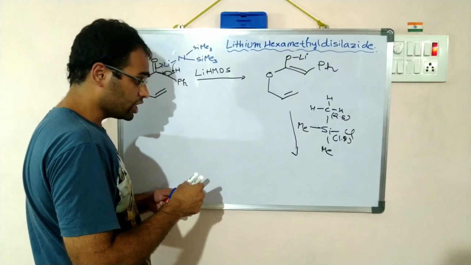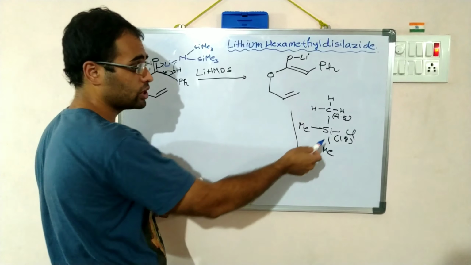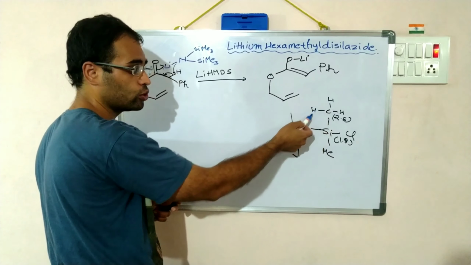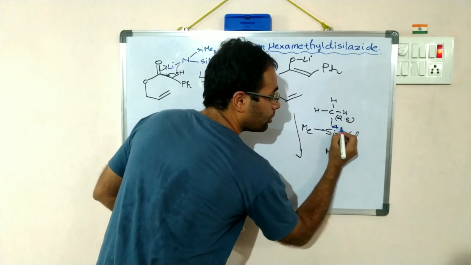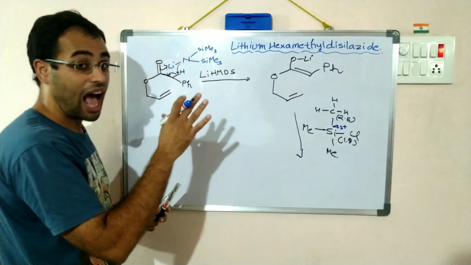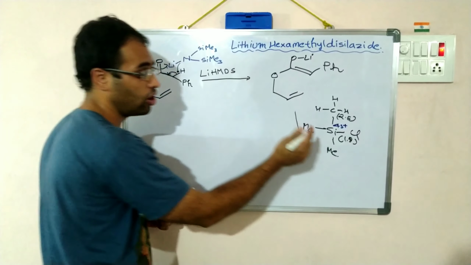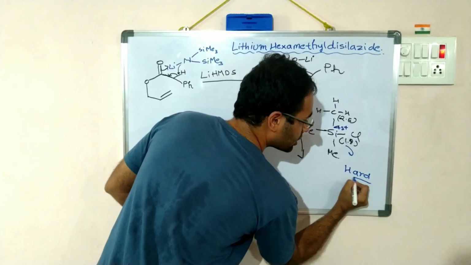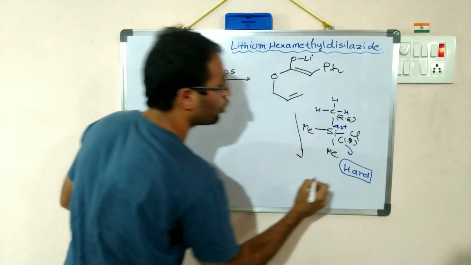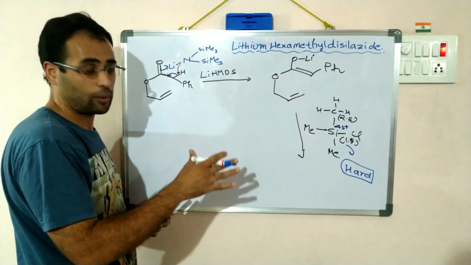Therefore, this causes a delta positive charge to develop on silicon, and because there are 3 methyl groups and 1 chloride group, silicon is 4 times delta positive. Because of this large positive charge density, silicon is a hard center. And thus a hard center looks for a hard nucleophilic center in the substrate.